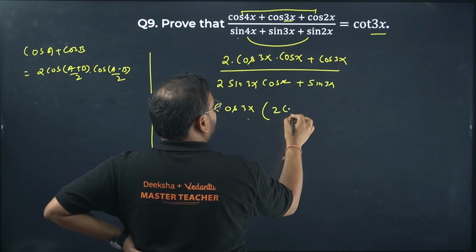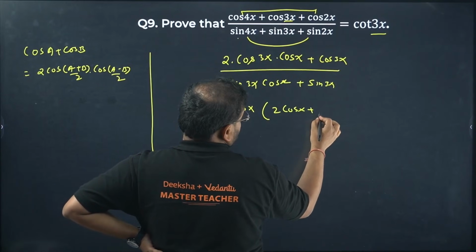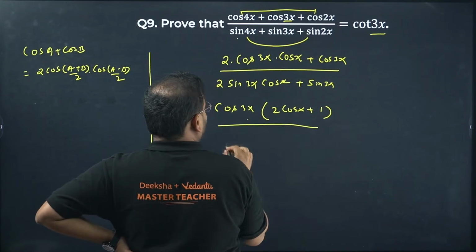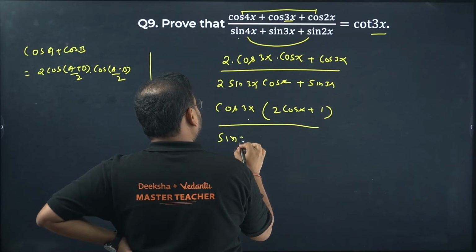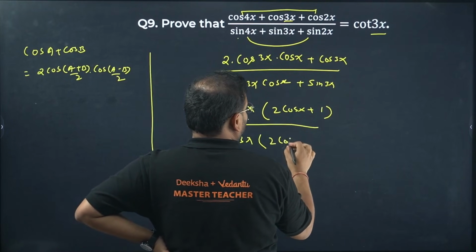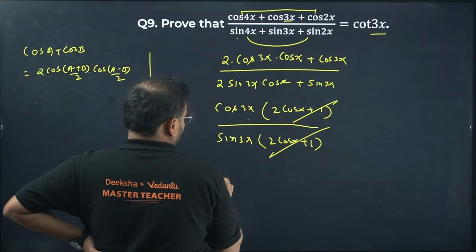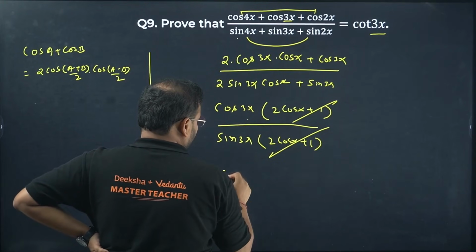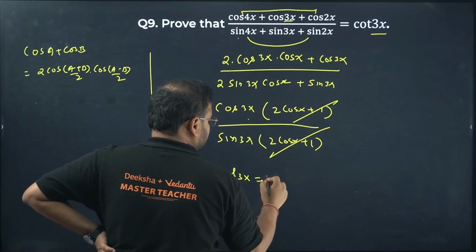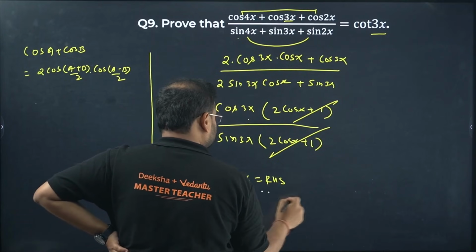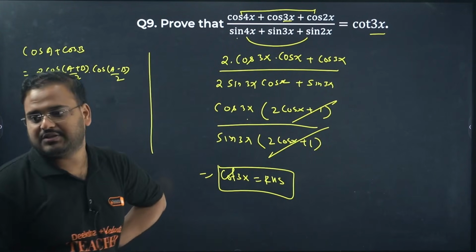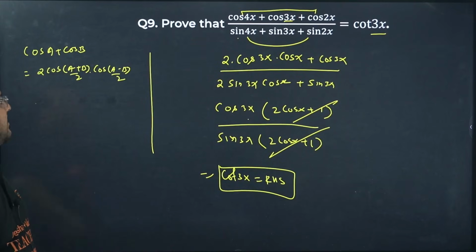You get 2 cos x plus 1. Here sin 3x is common. You get 2 cos x plus 1. This is cancelled. This will be cos by sine, so we get cot 3x, which is nothing but my RHS. Okay, done.